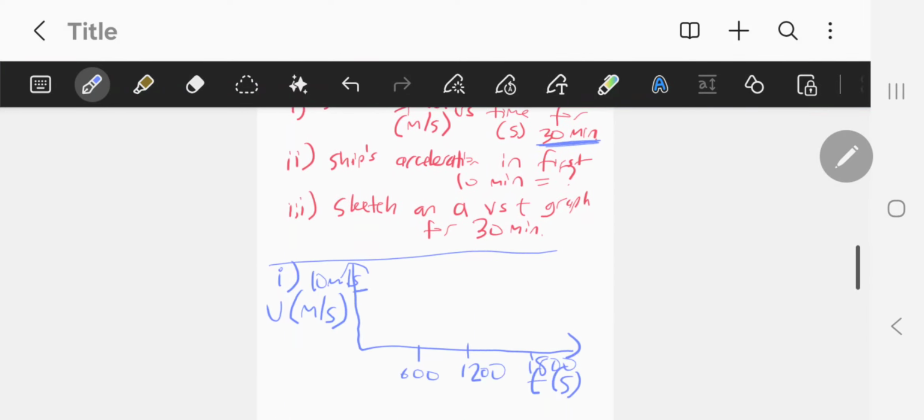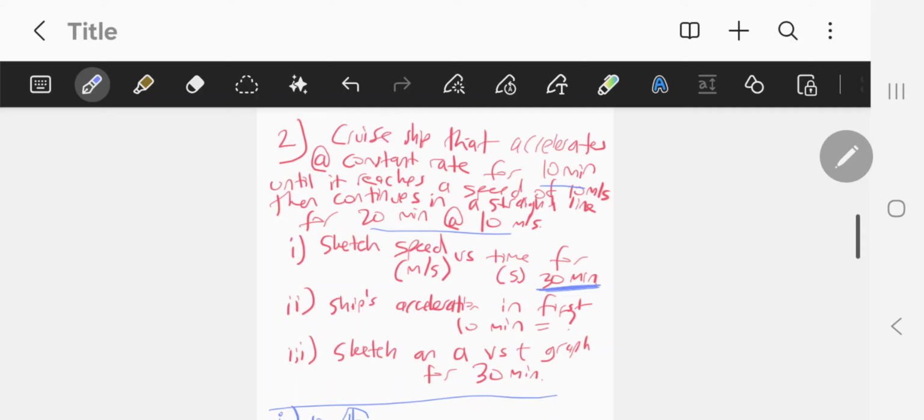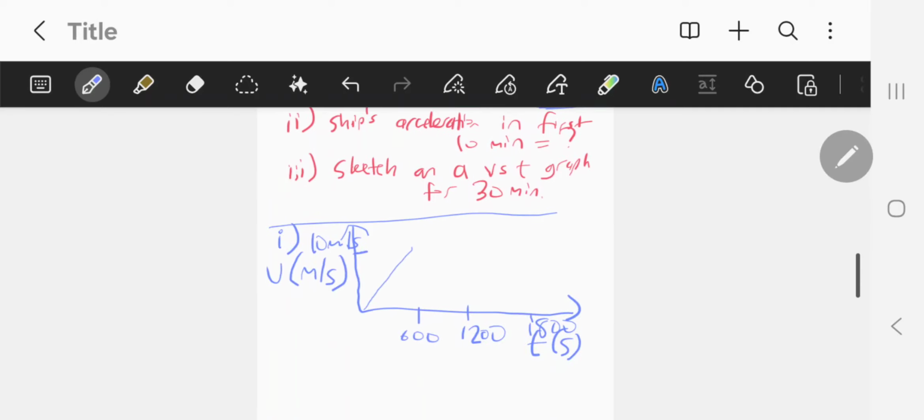It's a linear trend, because acceleration means the rate of change in velocity, acceleration is delta v over delta t. It's got to be a line like this, not a flat line. A flat line at 10 meters per second indicates there's no acceleration, constant speed, but for the first 10 minutes it's not at constant speed, it's accelerating.